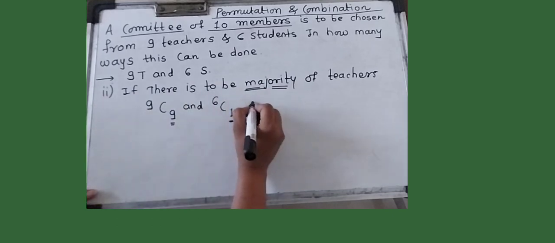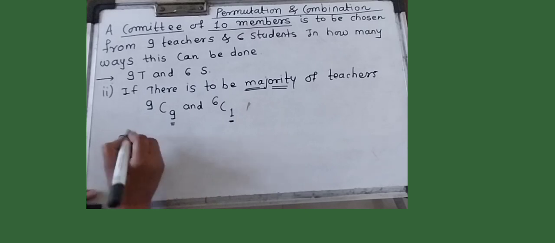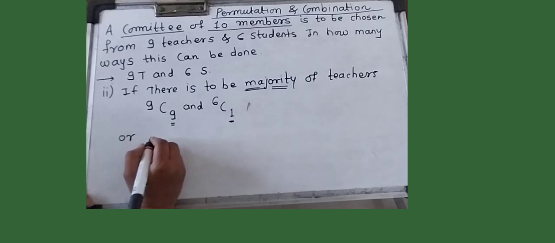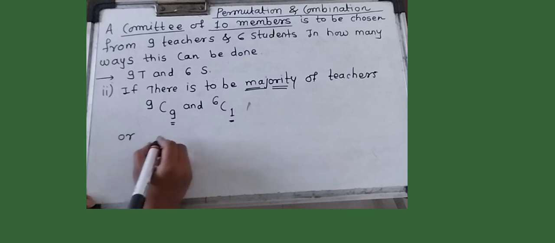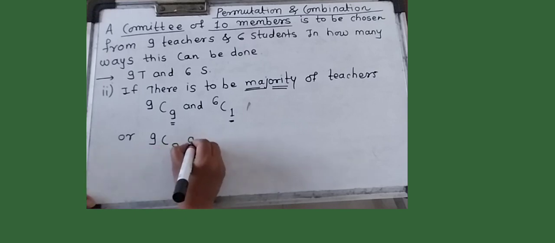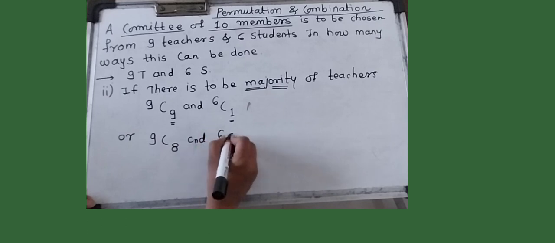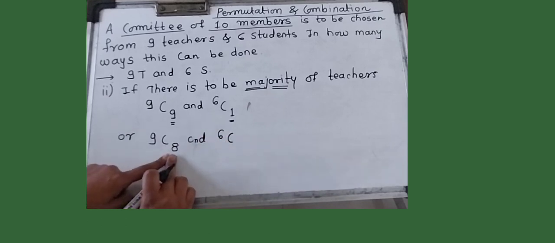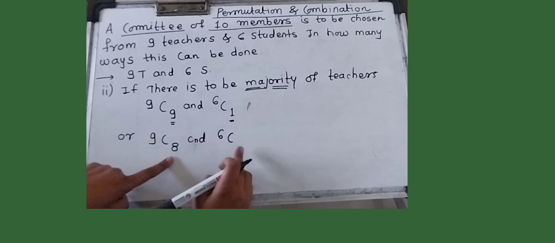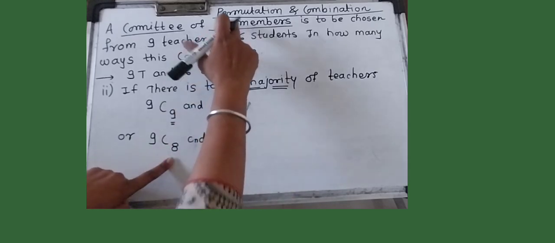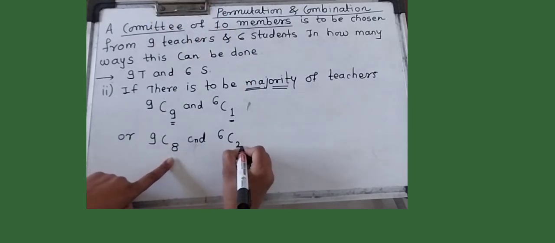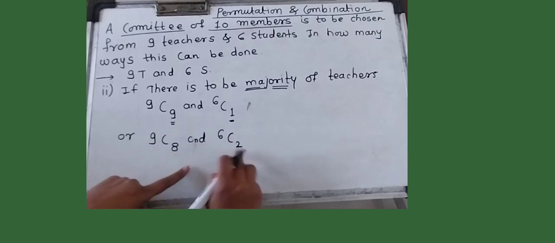Or I write here 9C8 and 6C2. 8 are selected from the 9 teachers, remaining 2 because we want 10 members, remaining 2 from students. 8 plus 2 is 10.